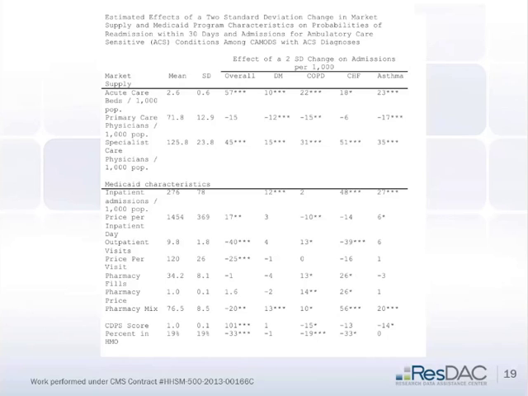On the Medicaid side, looking at those predictors, some of the interesting predictors are the number of outpatient visits and the price per visit. So you can see overall, those have pretty strong negative effects, but there's some inconsistency when you look at the ambulatory care sensitive conditions.